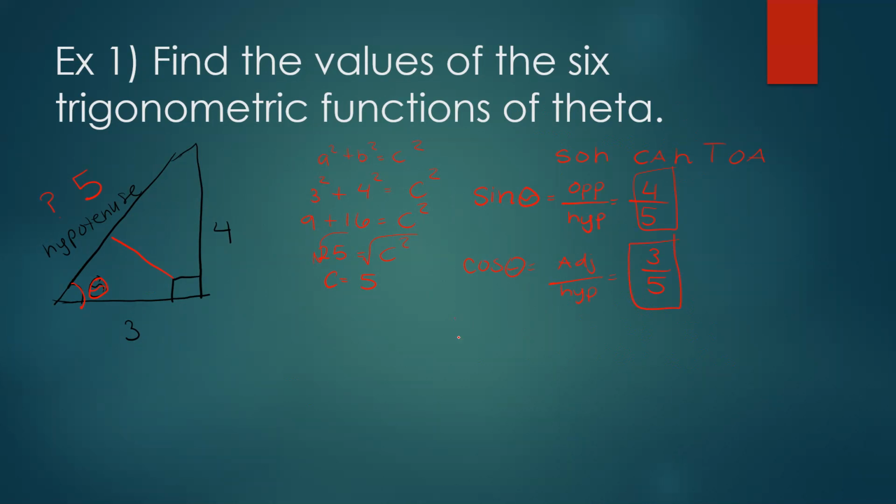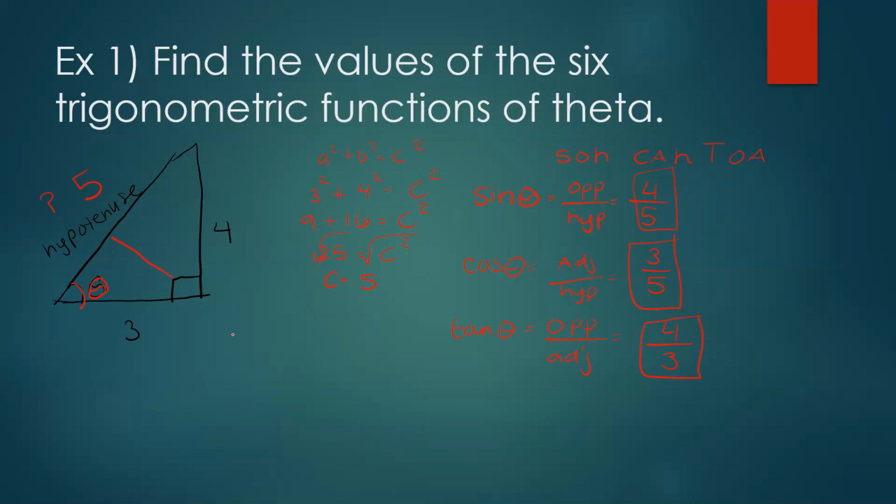Let's find tan. Tan theta is opposite over adjacent. So here's my theta. Where's my opposite side? 4, right? And then over my adjacent side. Where's my adjacent side? 3. So that's how we got 4/3.